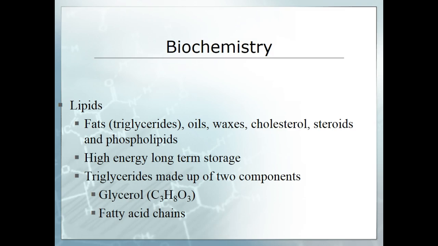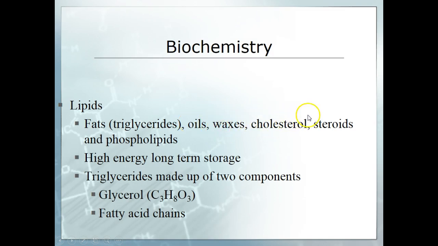Lipids are found in virtually everything that's living, and it could be things like fats, which are found in animals. It could be things like oils, which are the same triglyceride type lipid that a fat is composed of, but it's found in plants. Okay, oils are like plant fats.